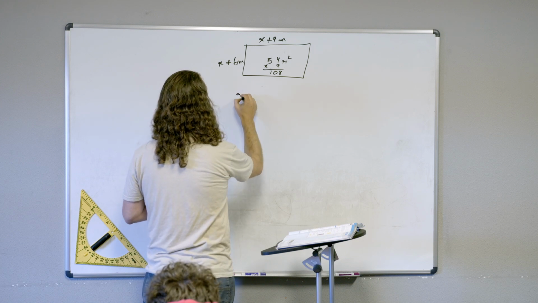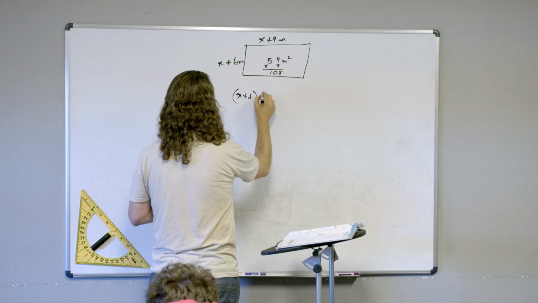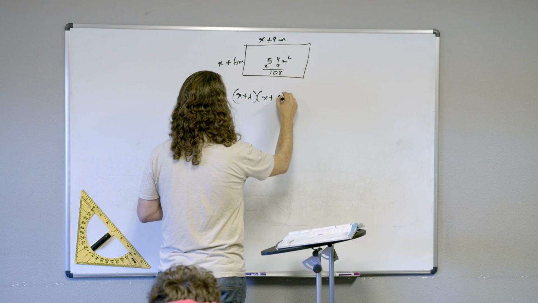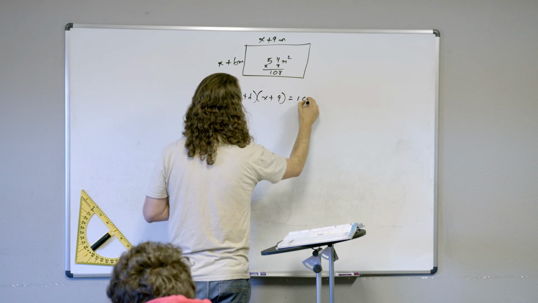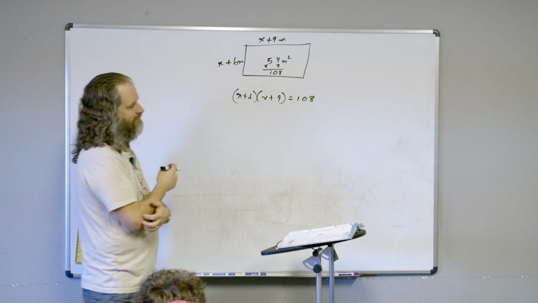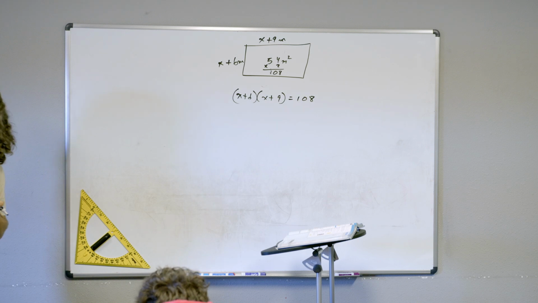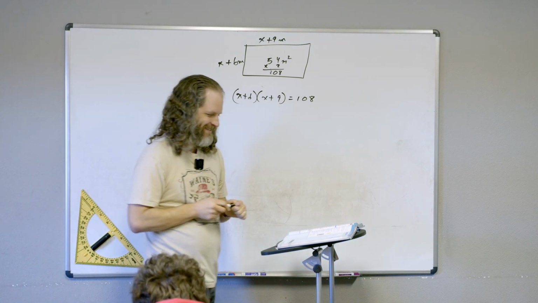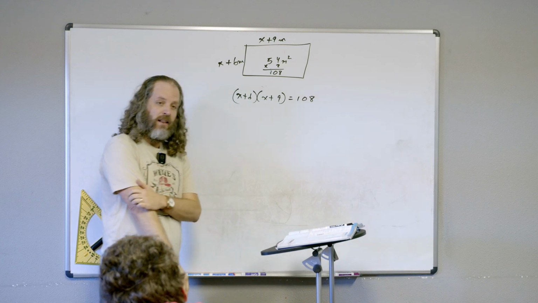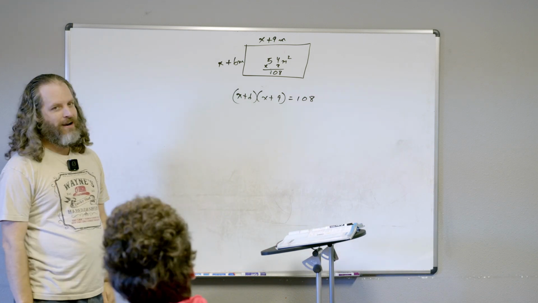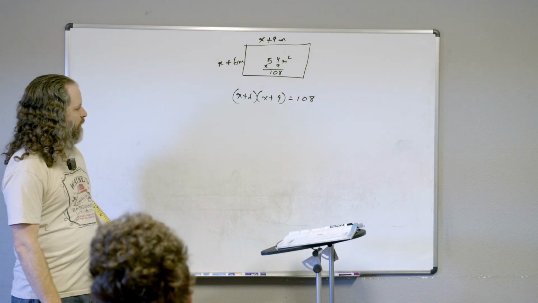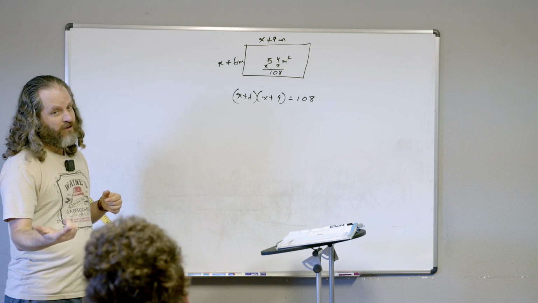We want x plus 6 times x plus 9 to equal 108. Now we got to solve for x. So what should we do? Can't combine like terms because of those parentheses. We've got it so that we're going to ultimately factor, right?